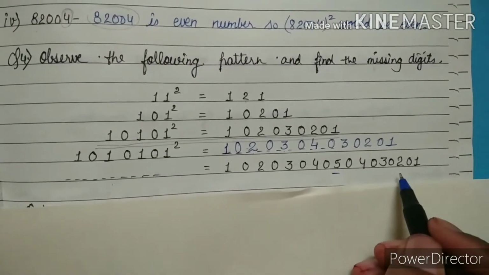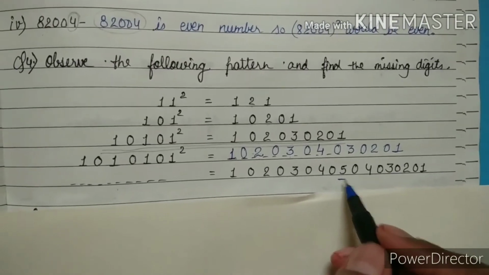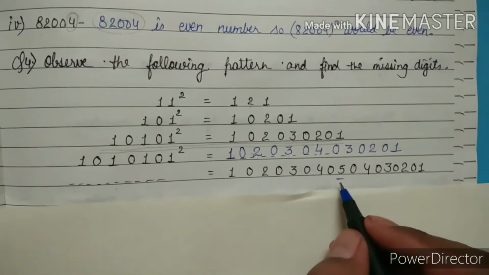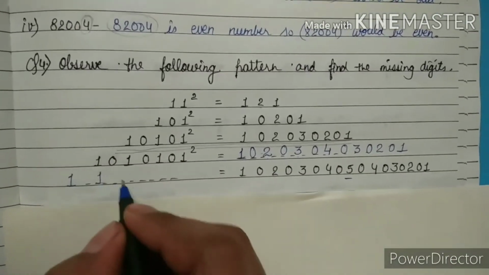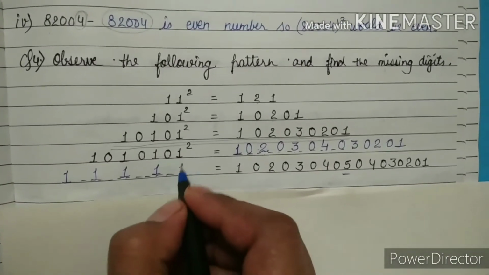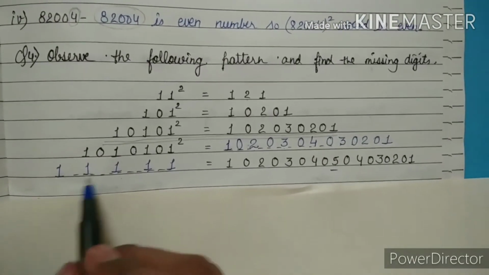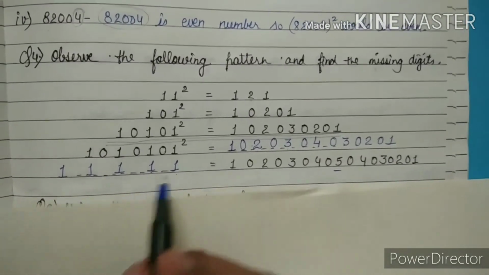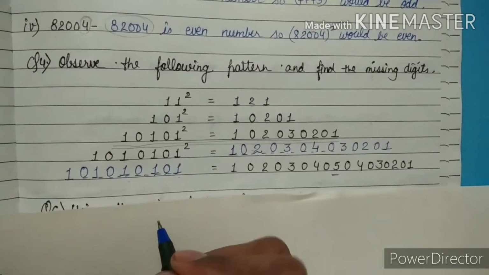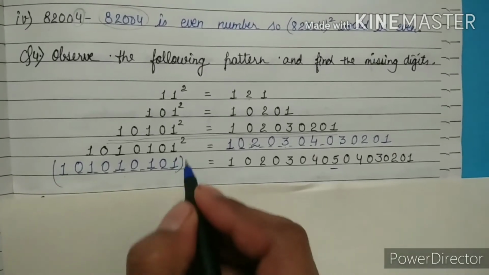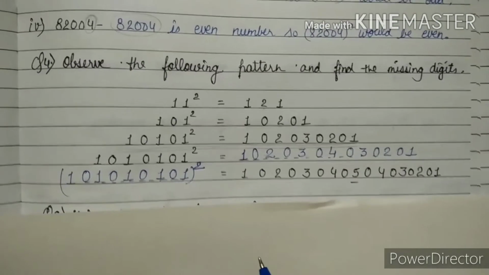So we have to write 5 times 1, because 5 ones are counted here: 1 1 1 1 1. Then we put 1 time 0 in between, and this is the square of the number, so we put the square. So here we completed question number 4.